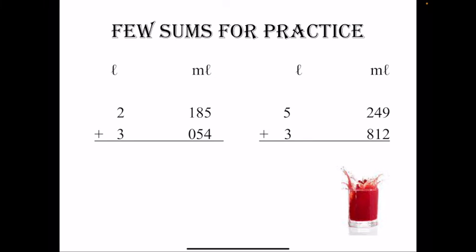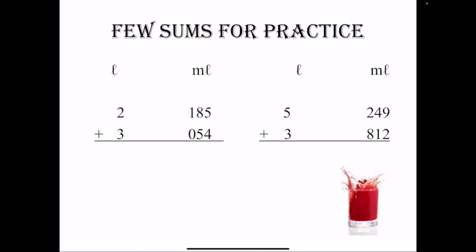First sum is 2 liters 185 milliliters plus 3 liters 54 milliliters. Now it is only 54 milliliters. You will write in the ones and tens columns. Hundreds place is empty, so you will write 0 there. Have you understood, children? Okay. Now you add them and write the answer on your own.